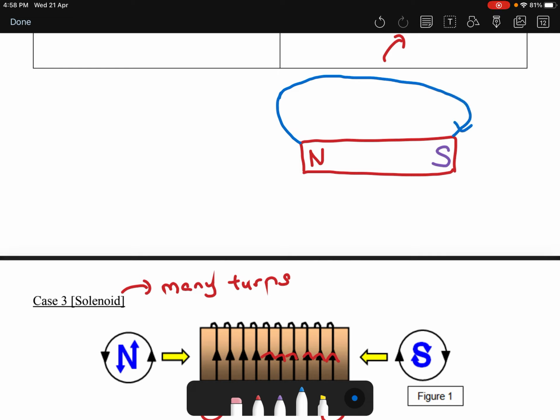But for a solenoid, you must treat this as the internal of the magnet. This is the external of the magnet. So if you look at the internal of a magnet, how does the magnetic field flow?